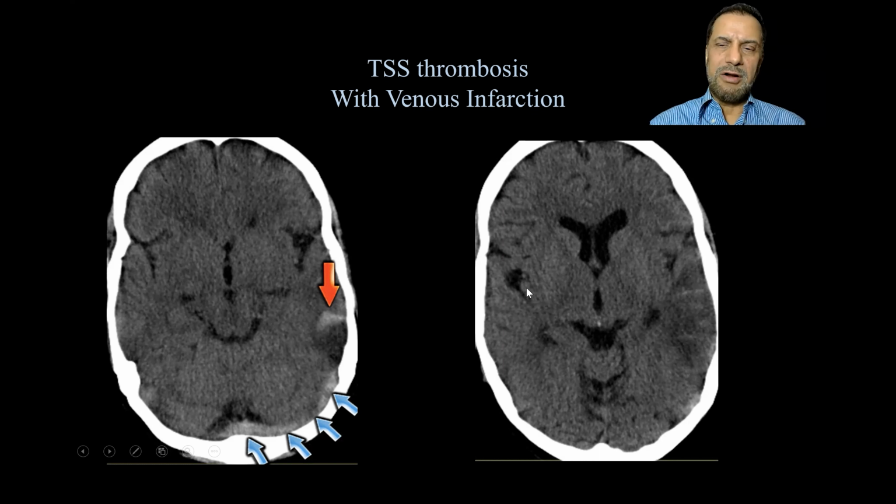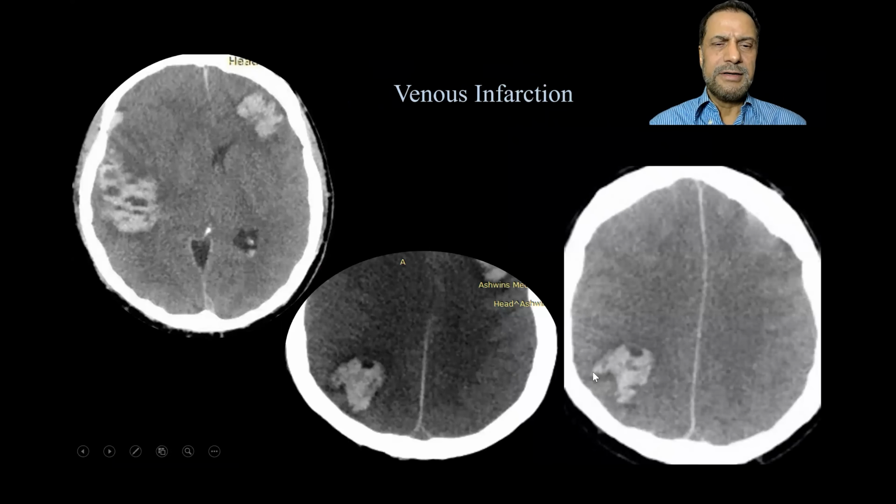But the whole of the brain still looks symmetric. And if it goes further, then you can have a venous infarction where you see a lot of shift here. The septum pellucidum has shifted by 10 millimeters or more, and there are infarctions with even bleeding within the infarcted area. So this is a pretty serious problem in venous infarction, if you see something like this, a lot of ICP is there.